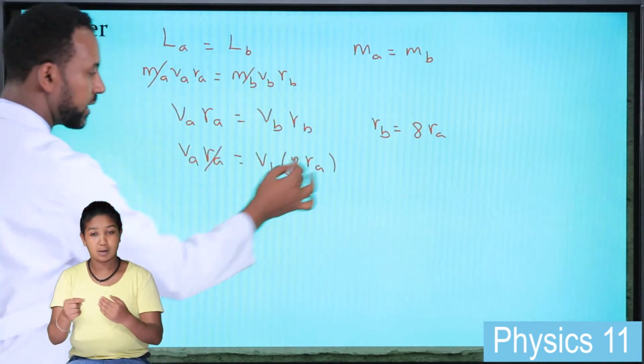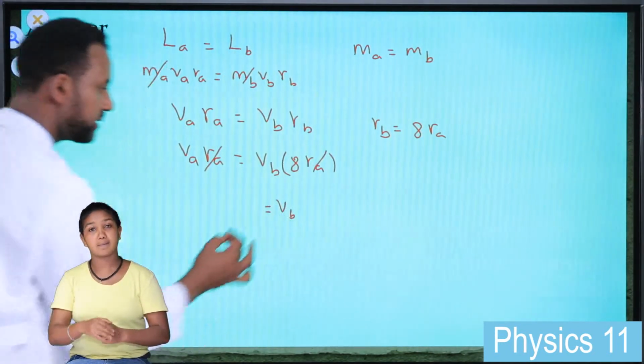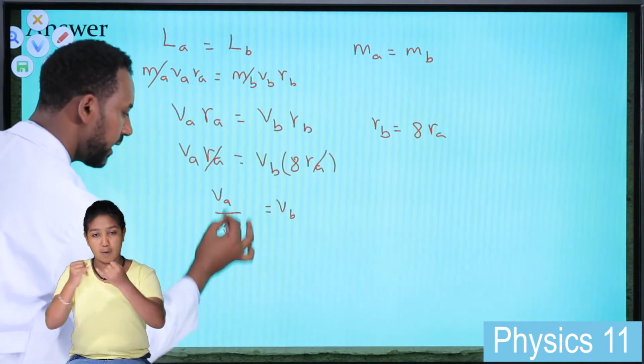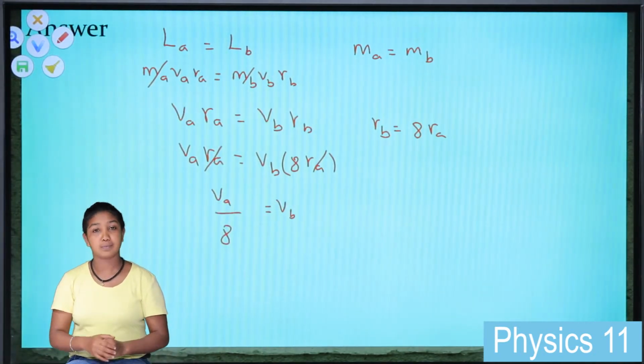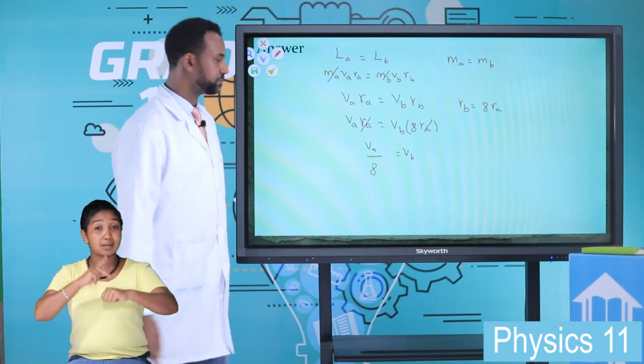We can cancel out r_A by r_A. So the velocity at point B is equal to the velocity at point A over 8. This is how we determine the velocity of the planet at location B.